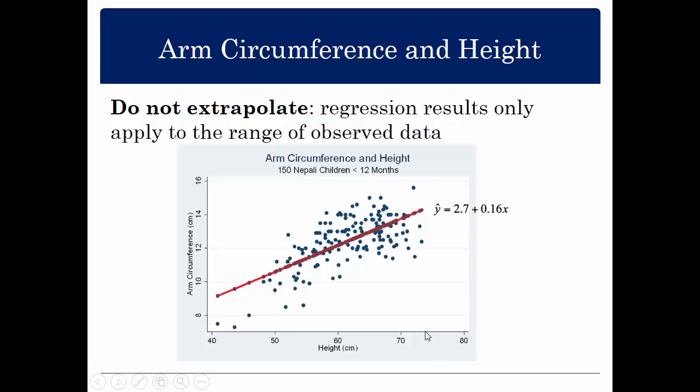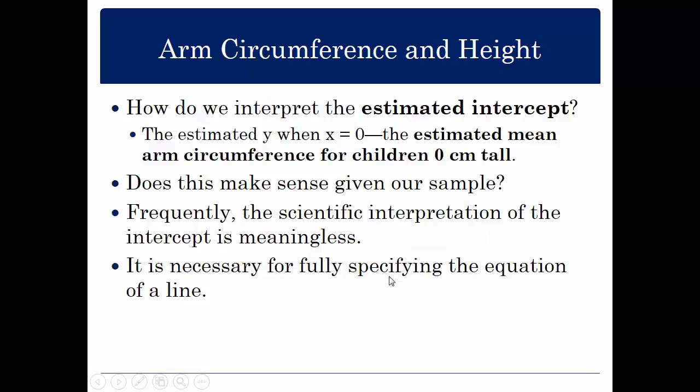I should not try to predict the outcome of arm circumference for children who are taller than about 75 centimeters or who are smaller than about 40 centimeters, because what we may end up seeing is this linear relationship may no longer translate to those ranges. And we would be doing what's called extrapolation, which is not really a valid way to use linear regression.